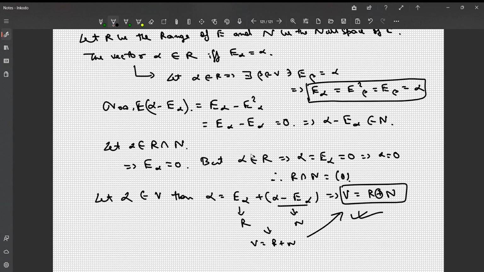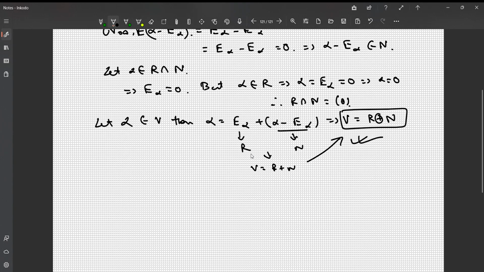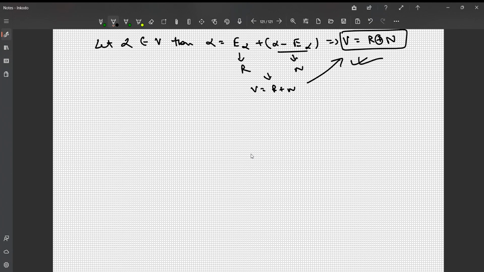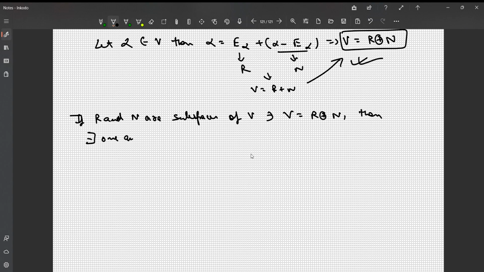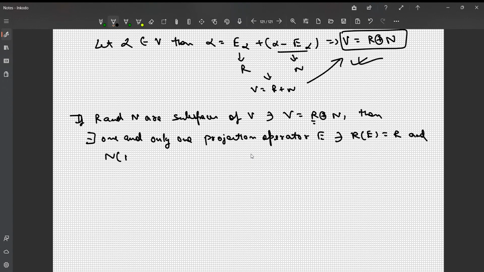Null space is obviously a subspace of the domain space V. So I should state this as a statement itself: if R and N are subspaces of V, such that V can be written as a direct sum of them, then there exists one and only one, that is a unique, projection operator E, such that the range of E is this subspace R, and the null space of E is this subspace N.